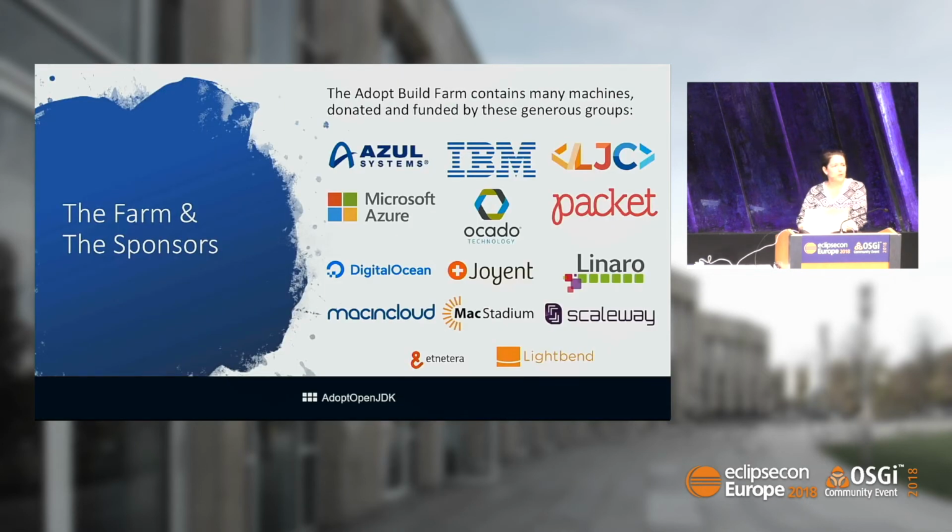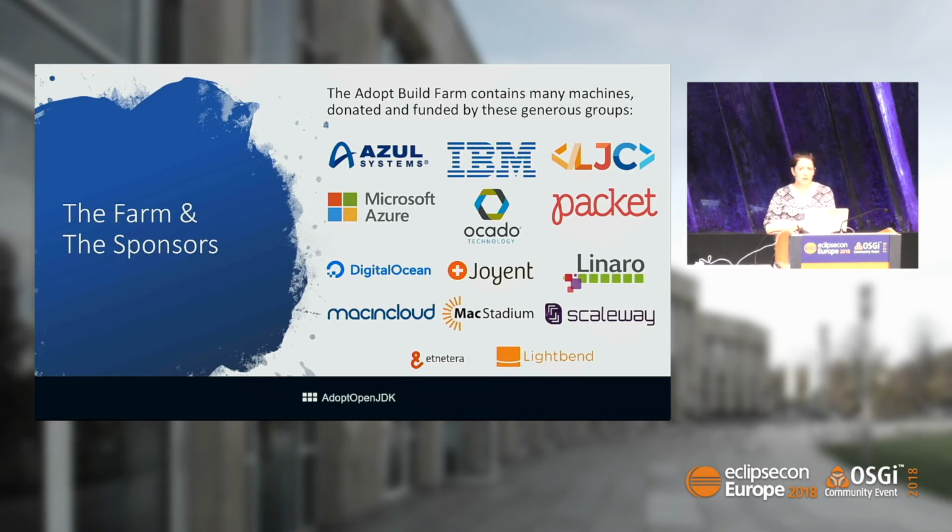We can't actually mention infrastructure without mentioning that we have a lot of very generous groups that are supporting us and have donated machines or funding so that we can have lots of machines in the farm. So I just want to put a shout out to the sponsors of this effort, because without them, we wouldn't have machines on which to build and test these JDK binaries.